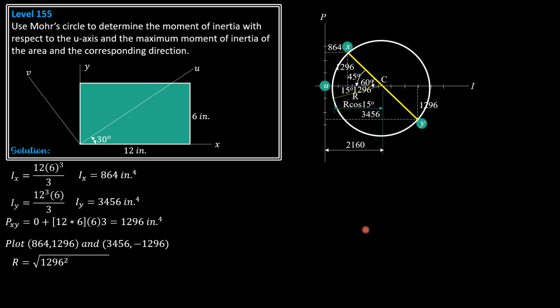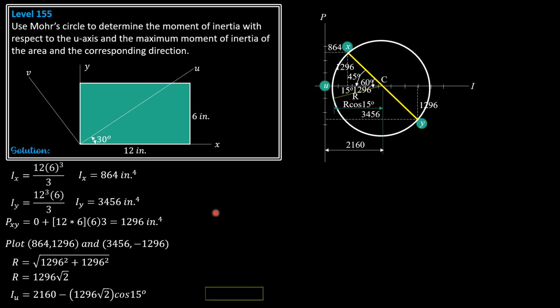So r is the square root of 1296 squared plus 1296 squared. So the radius is equal to 1296 square root of 2 inches to the fourth. Then I sub u is equal to 2160, the center, minus r cosine of 15 degrees.